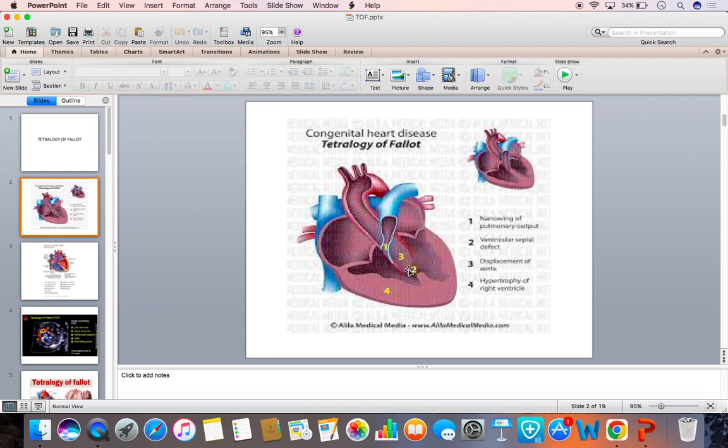And when the support for the base of the aorta is lost, there is a tendency of rightward shift of the base of the aorta. That results in the overriding of the aortic opening, and the aorta opens into the right as well as left ventricles.